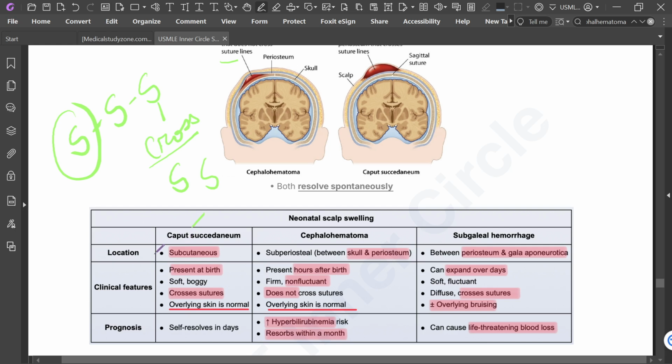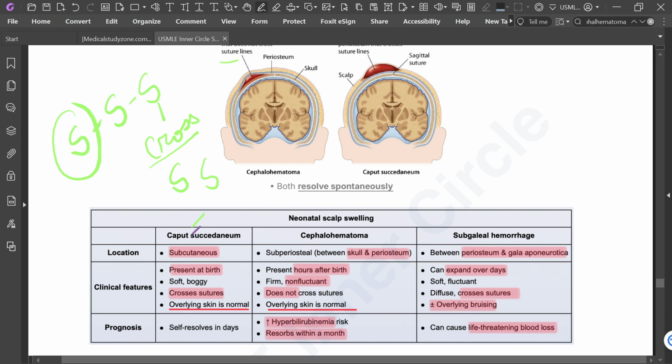So caput succedaneum is soft and boggy, and cephalhematoma is non-fluctuant and does not cross the suture line. Subgaleal hemorrhage is soft and fluctuant, diffuse, crosses the suture with overlying bruising, and can cause life-threatening blood loss.